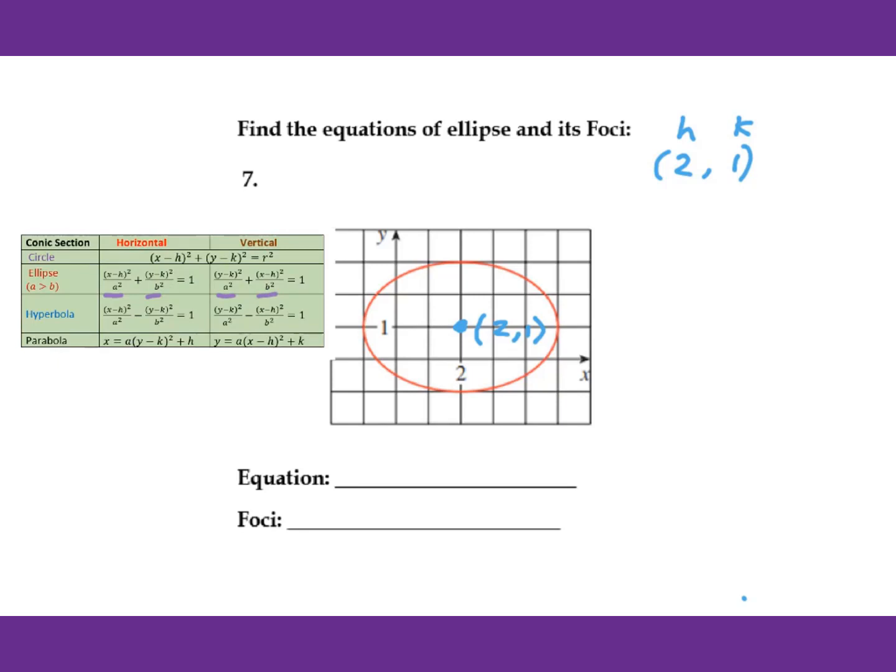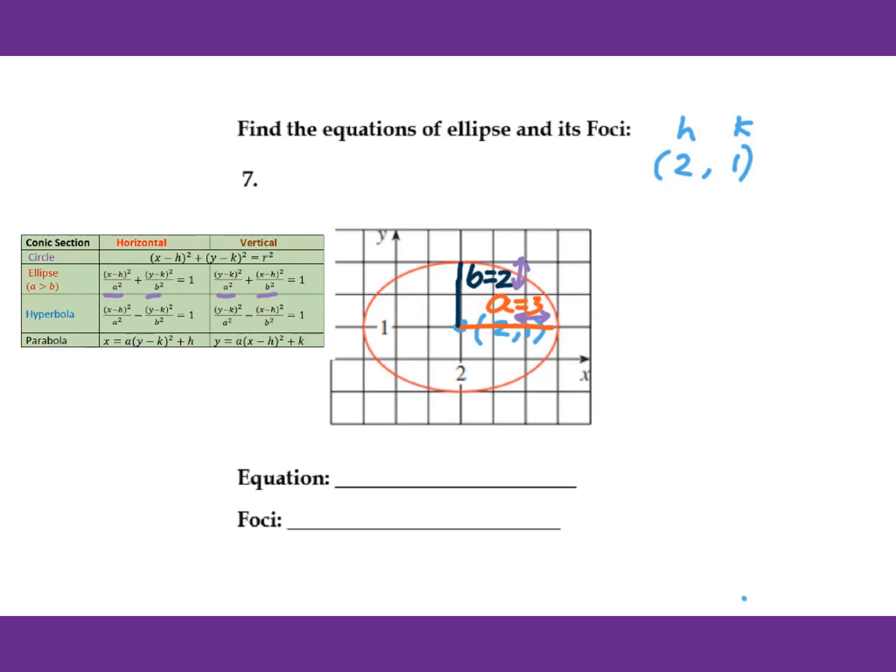The longer axis, that's a. This is a equals 3. So b equals 2. a is moving horizontally and b is moving vertically.